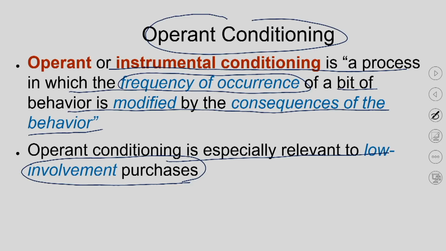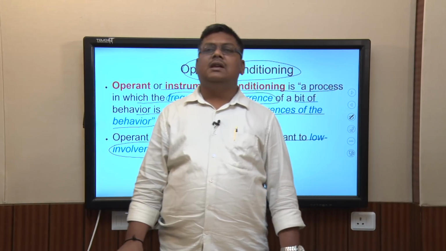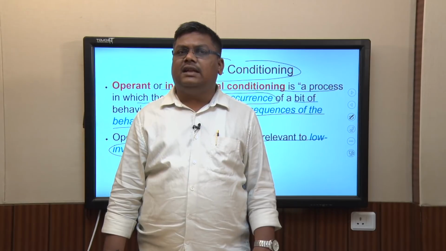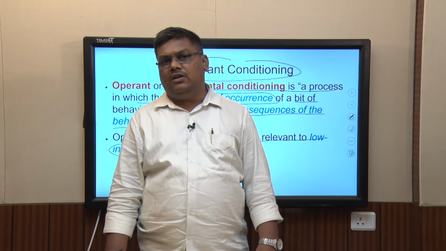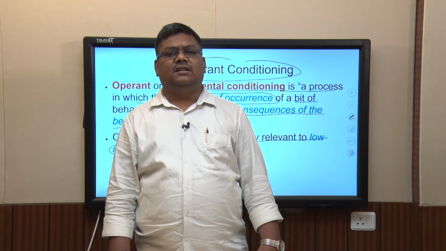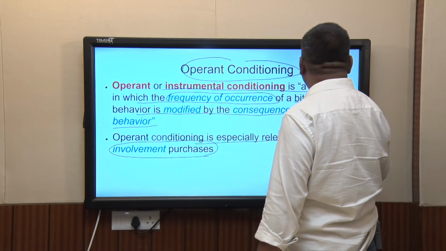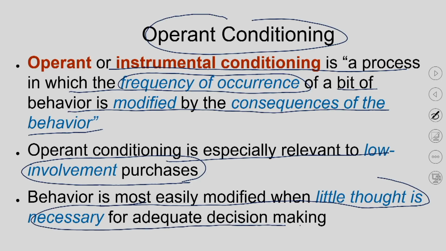People are not brand loyal, but more habit oriented, and they buy out of habit because the product is satisfying their needs, so they do not need to do evaluation or get into the whole idea of consumer decision making, and that relieves their stress in a certain way. So, operant conditioning is basically relevant for low involvement purchases. Now, behavior is most easily modified when little thought is necessary for adequate decision making.